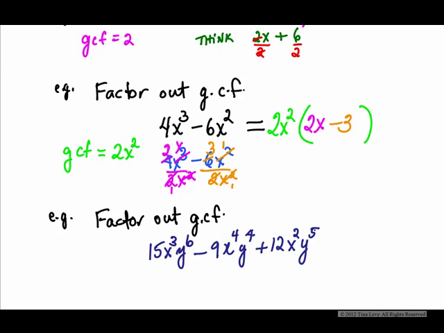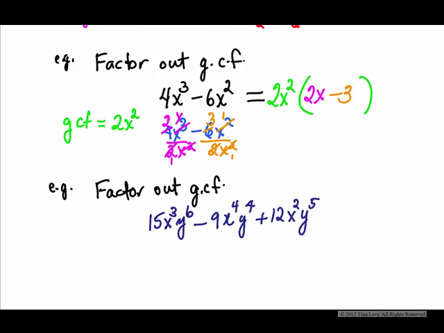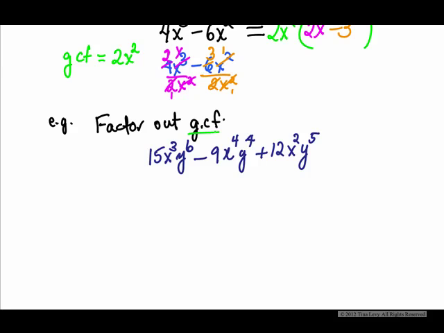This is going to require a little bit of work finding the greatest common factor. To do that, I am going to write up the factors of each of these 3 terms of this polynomial.